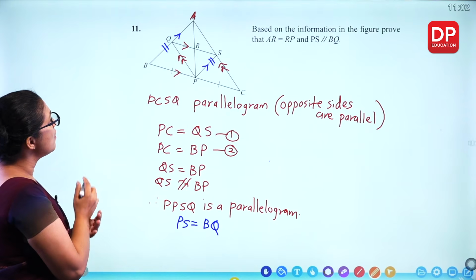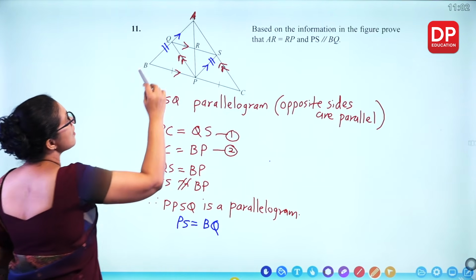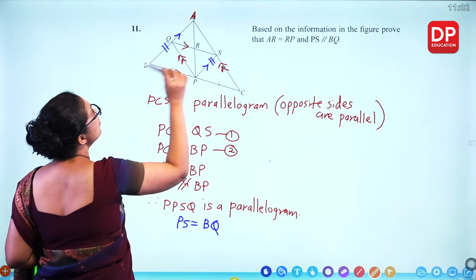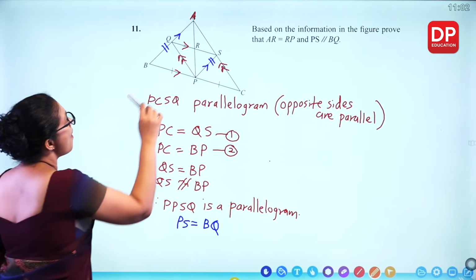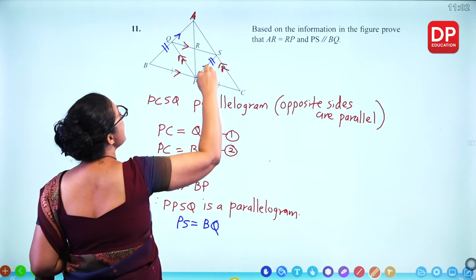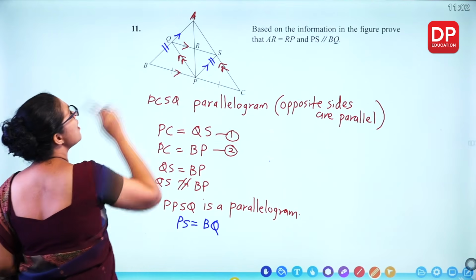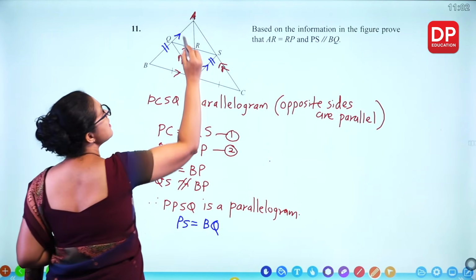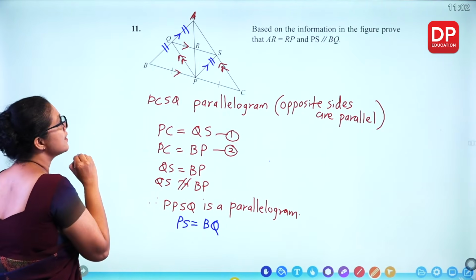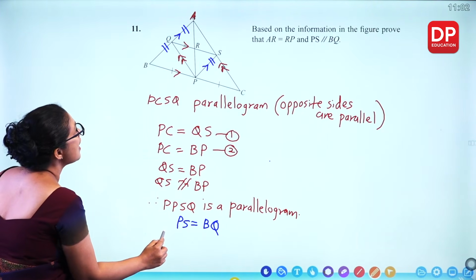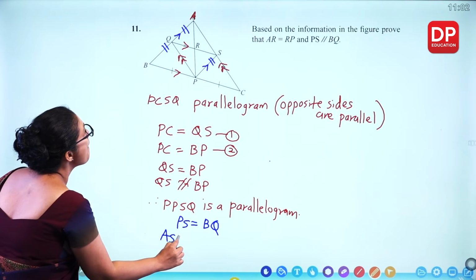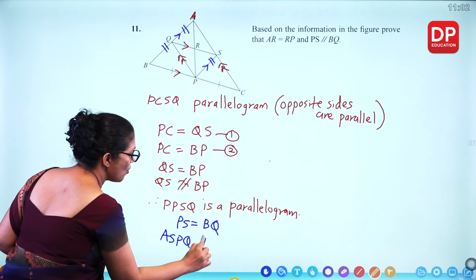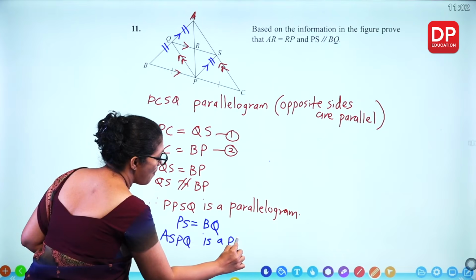Then what we need, according to this one, ASPQ is also a parallelogram. This length is equal to this length.